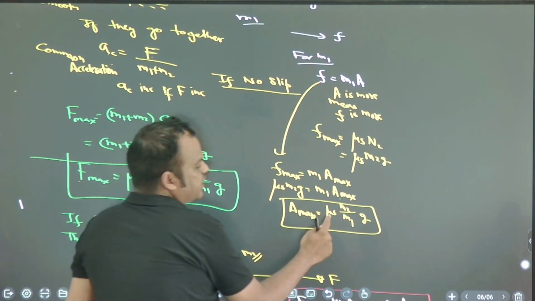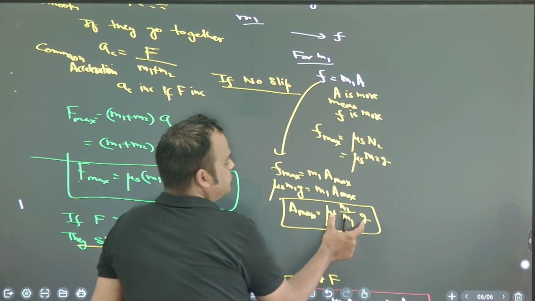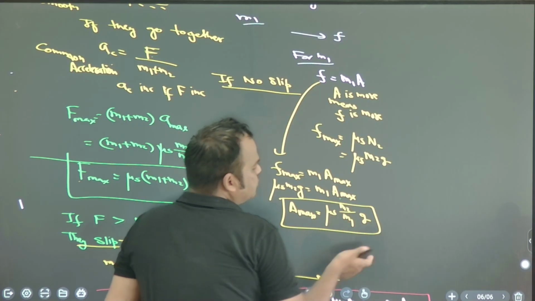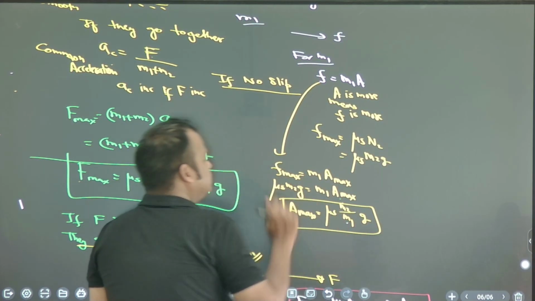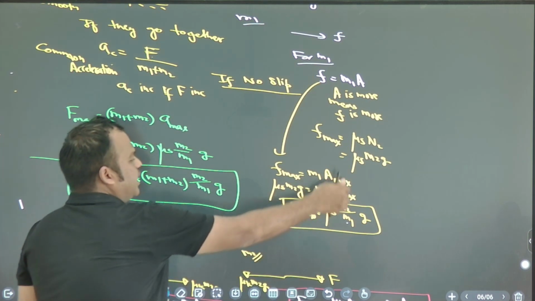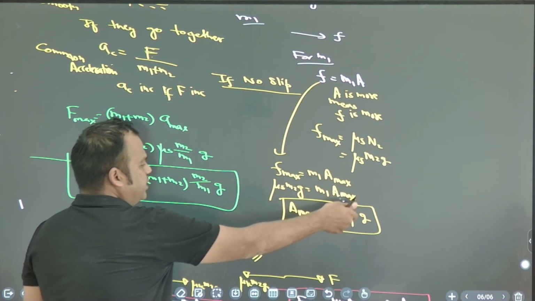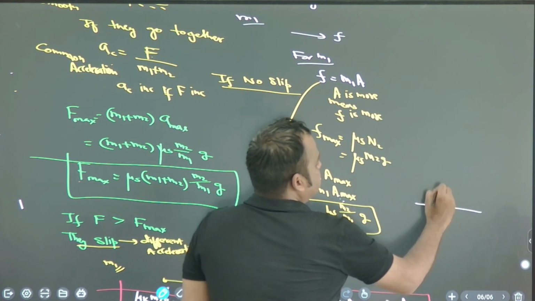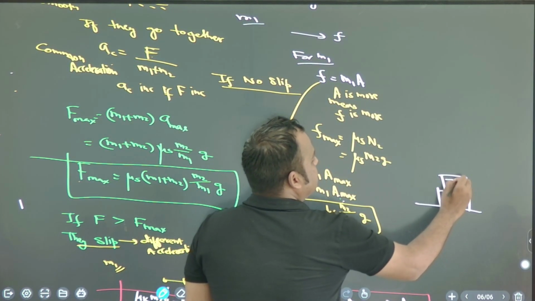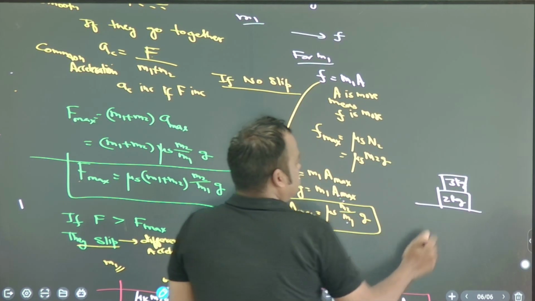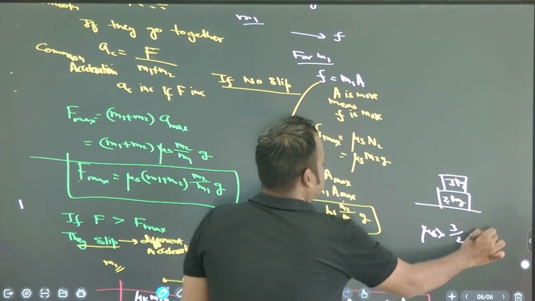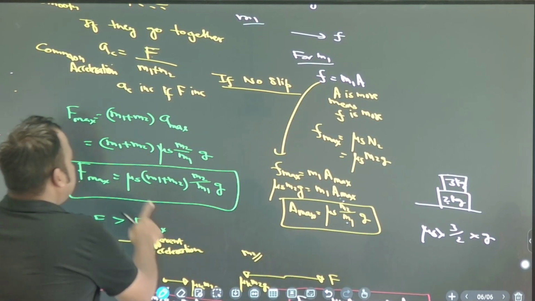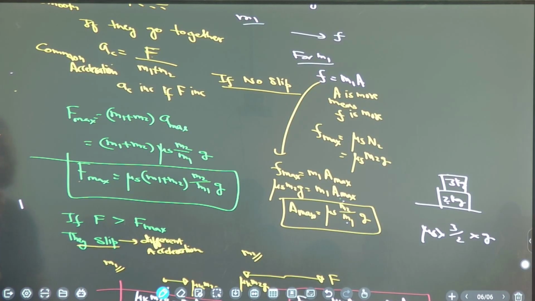Case 1, what is the maximum acceleration? Mu s g. Case 2, what is the maximum acceleration? Mu s g into M2 by M1, upper block by lower block. Suppose the upper block is 3 kg and the lower block is 2 kg, you will write mu s 3 by 2 into g. Okay, clear? And this is the maximum force.